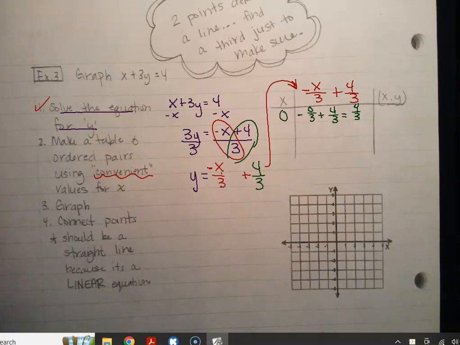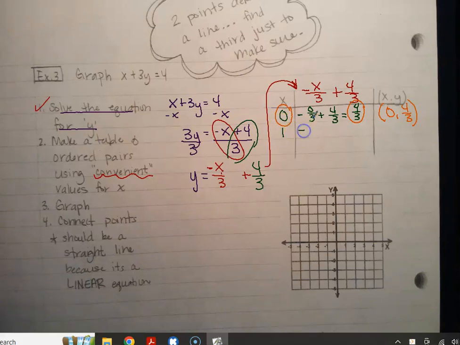So remember, I'm going to take my x value and my y value to write my ordered pair. So it's going to be 0, 4 thirds. So maybe not the most convenient number that we could have used. What if we did 1? Would 1 be a convenient number?